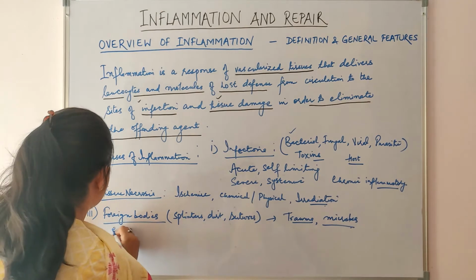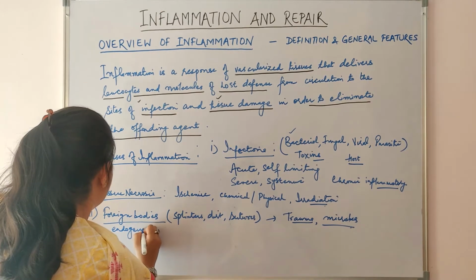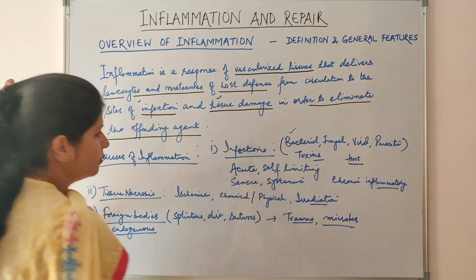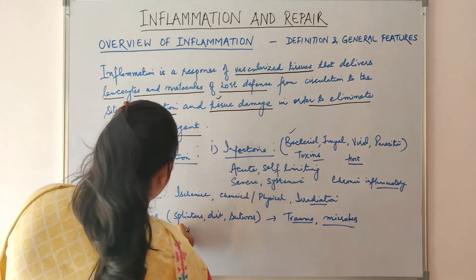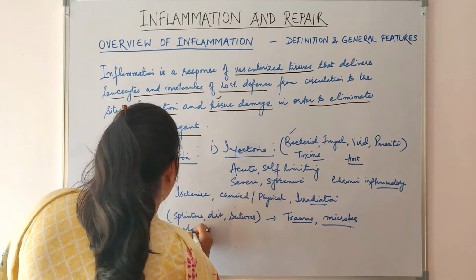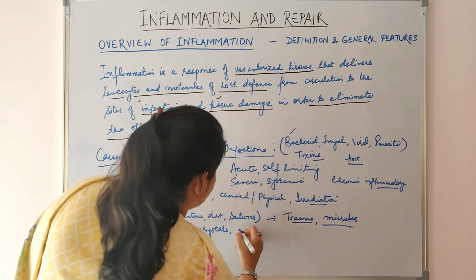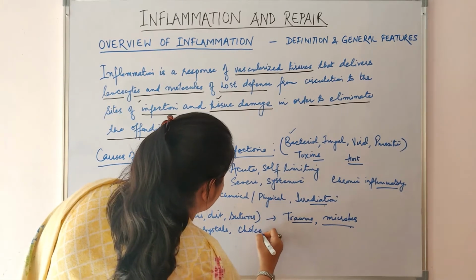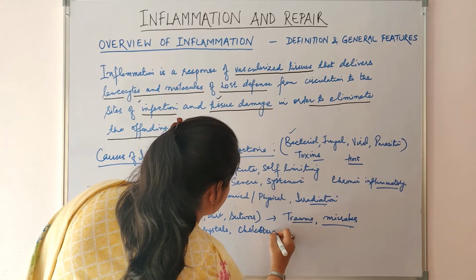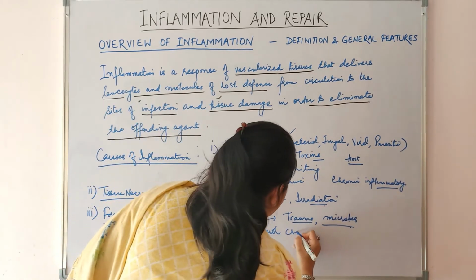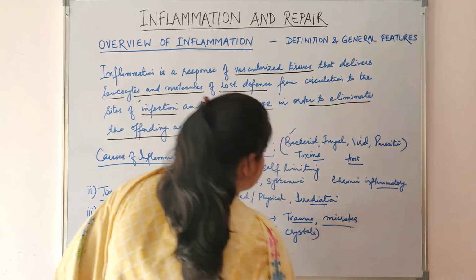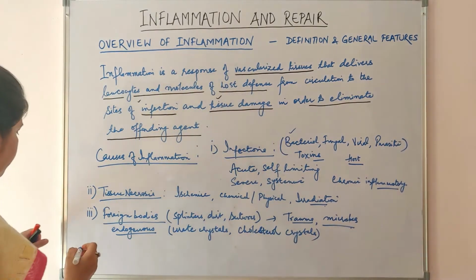Now some endogenous substances like urate crystals, cholesterol crystals in atherosclerosis, can also elicit inflammatory response.